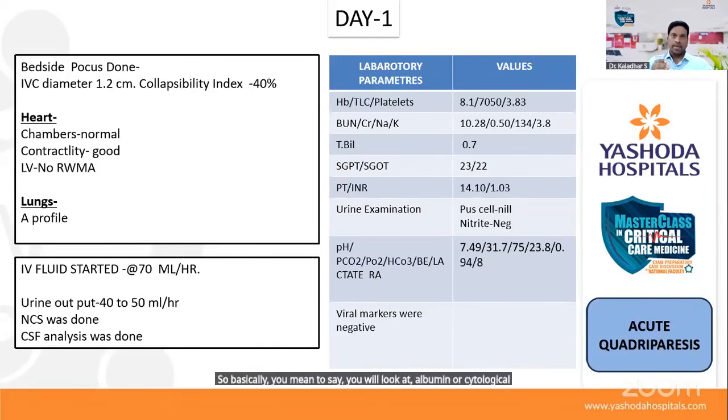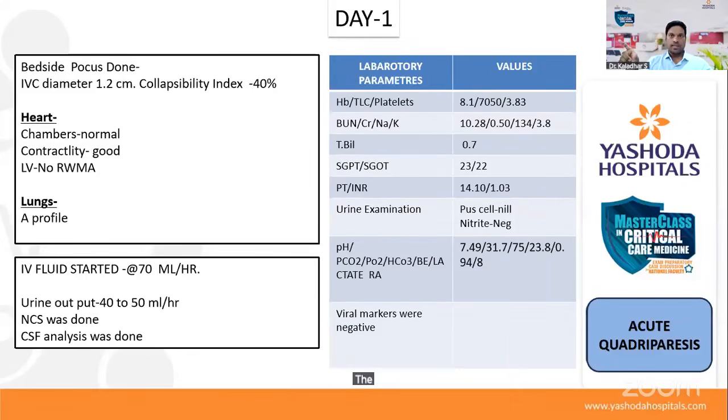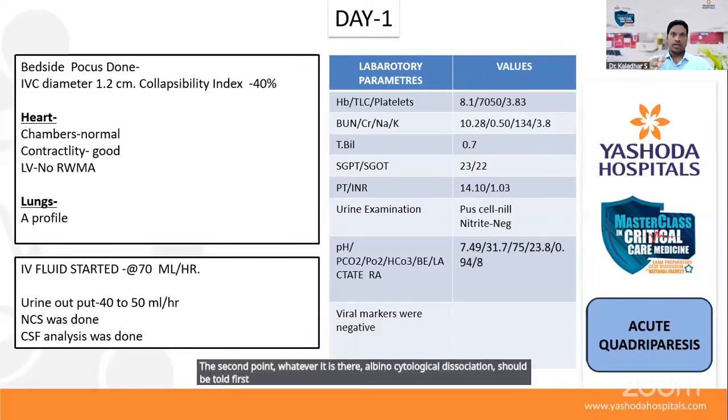If you introspect on your pattern of answering, the second point, albuminocytological dissociation, should be told first, rather than deviating and telling meningoencephalitis, because in the exam this is what happens. You will have very short time, maybe 20-30 minutes, but you deviate so much.